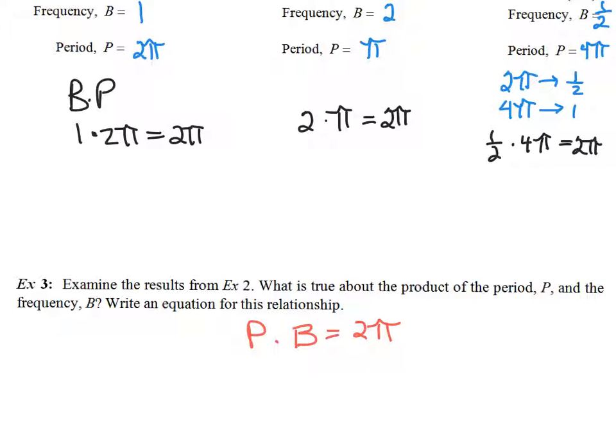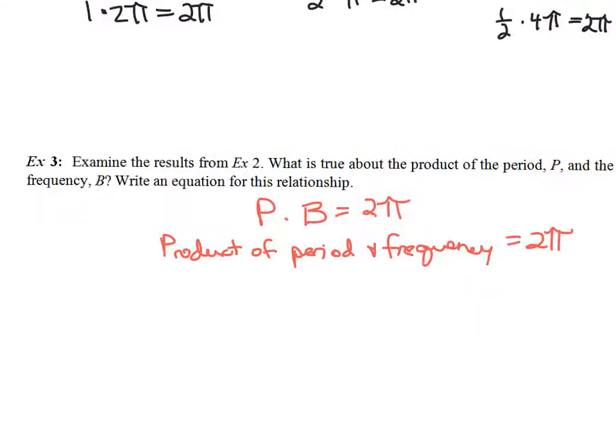What that's telling us is the product of the period and the frequency equals 2 pi. Now also notice how the P and the B are related. What we should see is that P and B have an inverse relationship.